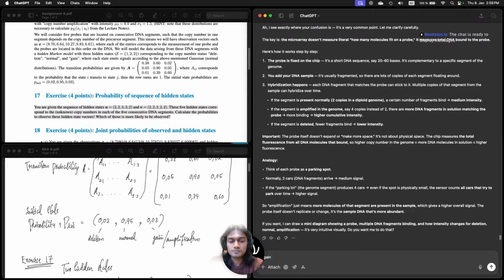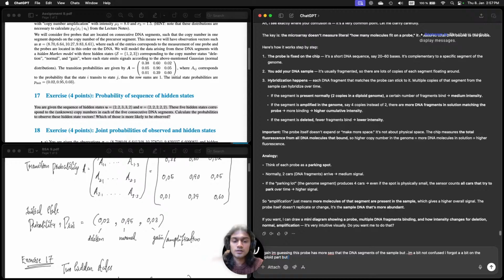Again, I'm guessing this probe... the sample, but I forgot a bit on the normal part, but okay, I kind of get it.